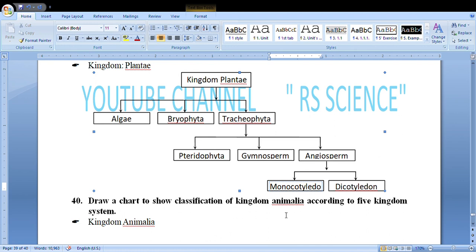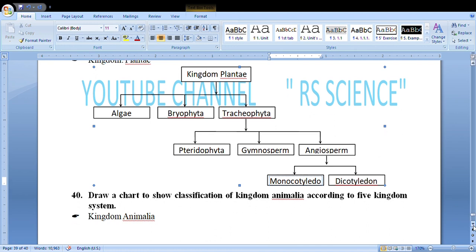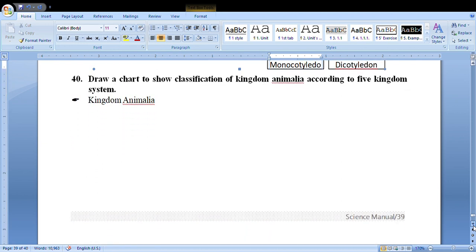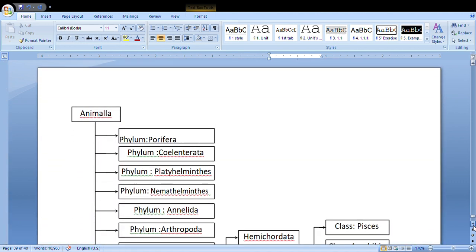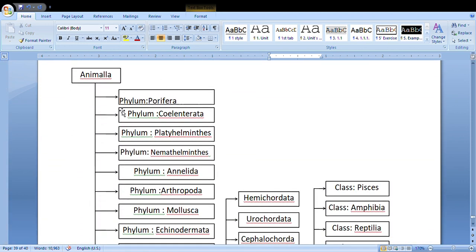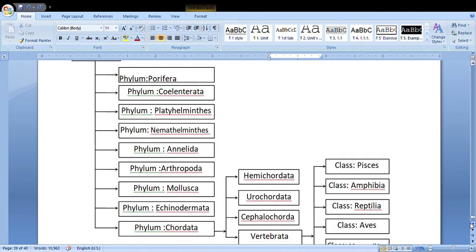Draw a chart to show classification of Animalia according to the 5 kingdom system. So here is the chart of the animal kingdom. The animal kingdom is divided into the following phyla: Porifera, Coelenterata, Platyhelminthes, Nemathelminthes, Annelida, Arthropoda, Mollusca, Echinodermata, and Chordata.